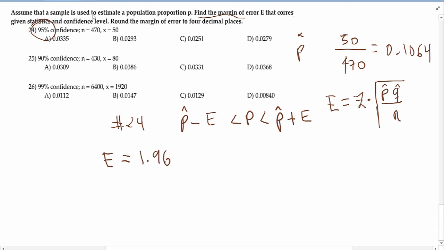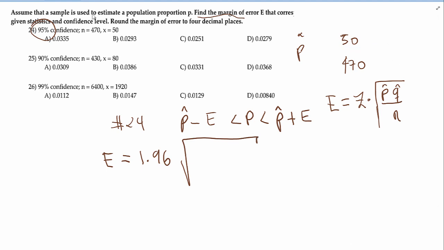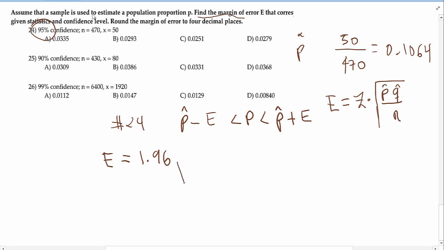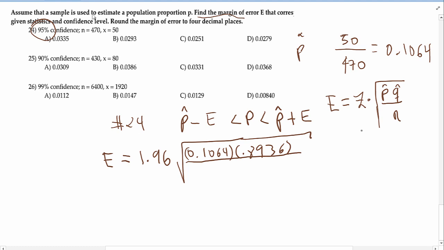That comes from the tables. Times the square root of p, which is 0.1064, times q, which is 1 minus p, so that is 0.8936, divided by the sample size, which is 470. Right, so that is the E.